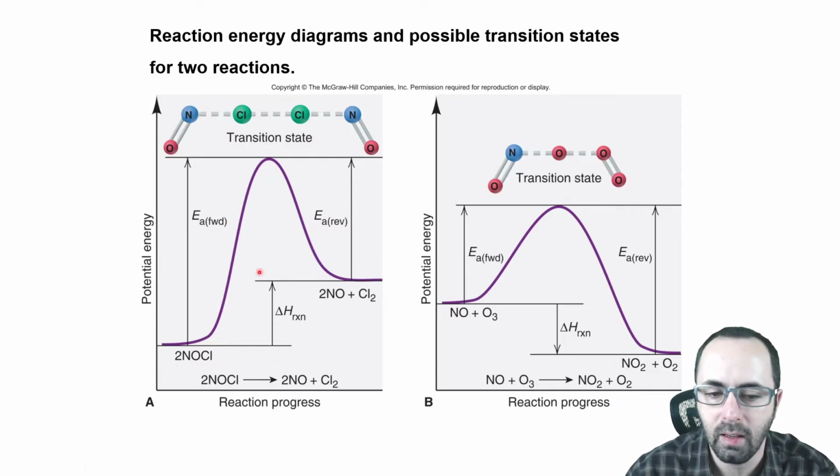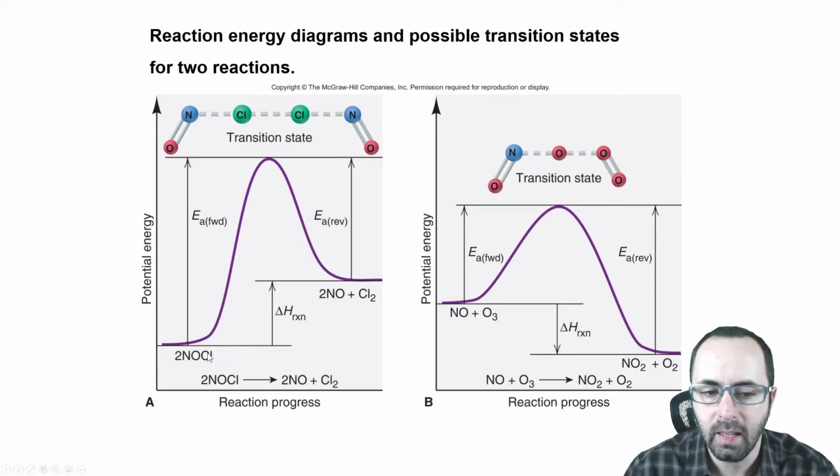So the transition state isn't down here, it's way up here. So for these reactant molecules to react, they must hit each other with enough energy to get all the way up to the transition state. And then they can go on and react and make the products. And so we can see that if the reaction is endothermic and the products have greater potential energy than the reactants, then the forward reaction will have a higher activation energy than the reverse.